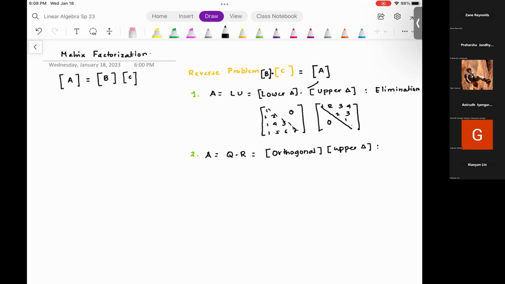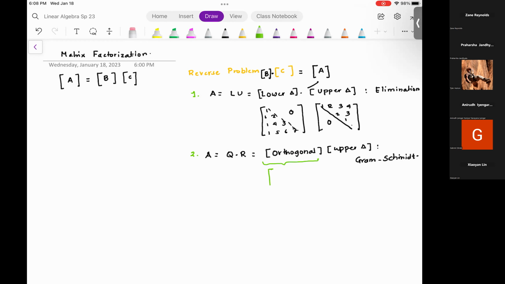And this is the classic Gram-Schmidt technique. And we will talk about it. But what that means is each column or each row of this matrix is perpendicular to each other.